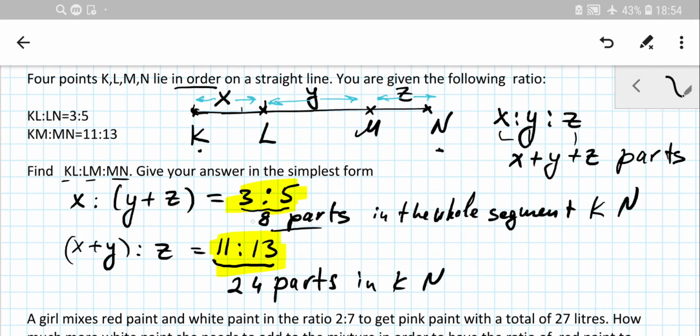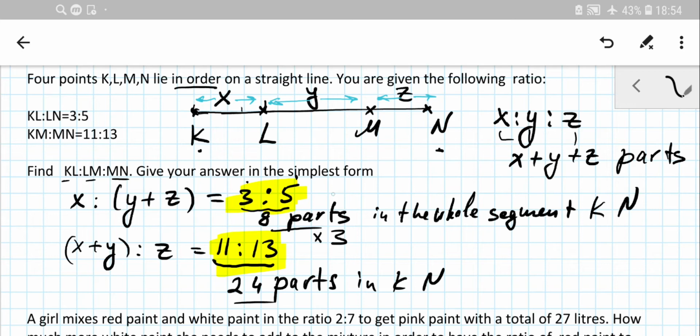So if you multiply this ratio by 3, it's no longer in the simplest form, but it's a similar proportion, and it can always come back to the simplest form. You simply multiply by 3 in order to get the same amount of parts.